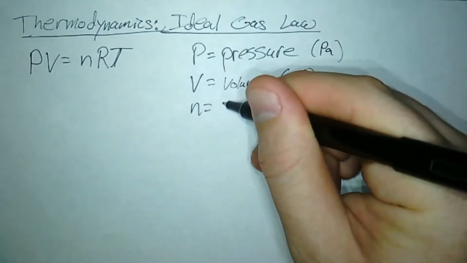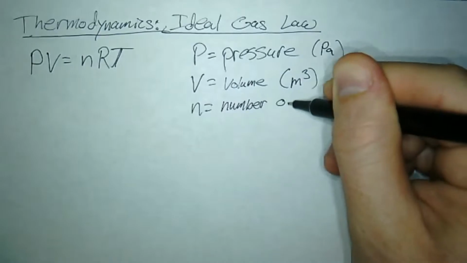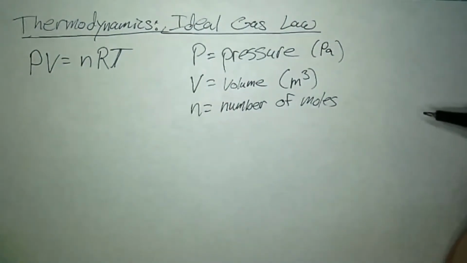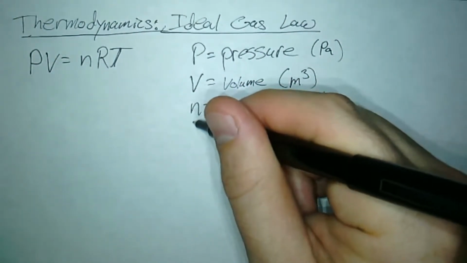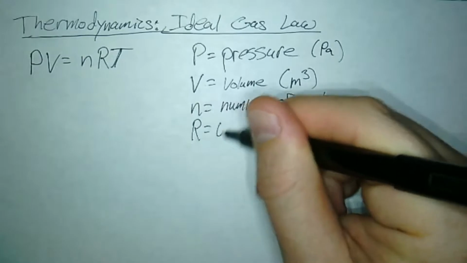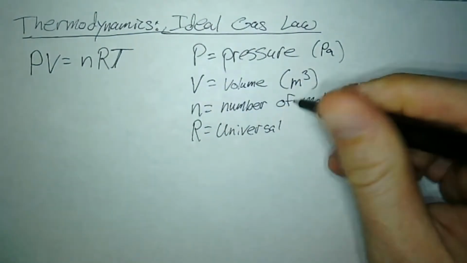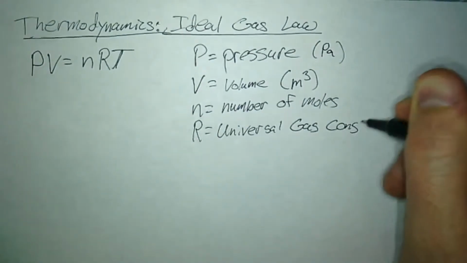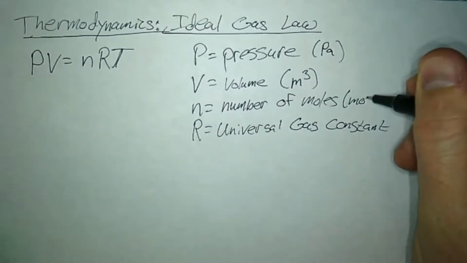n equals number of moles, which is going to be directly proportional to the number of particles. R is the universal gas constant, which we'll talk about in a minute. So I guess this one has units of moles.